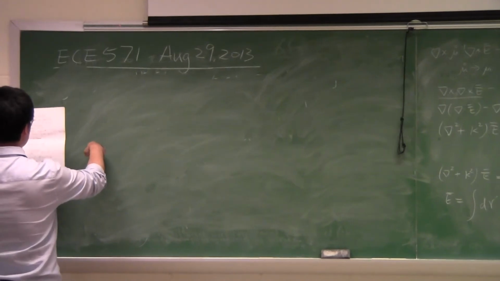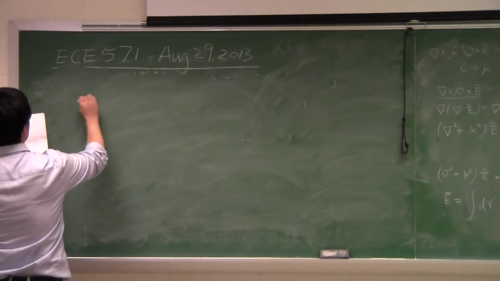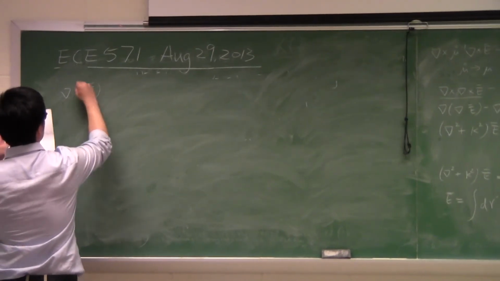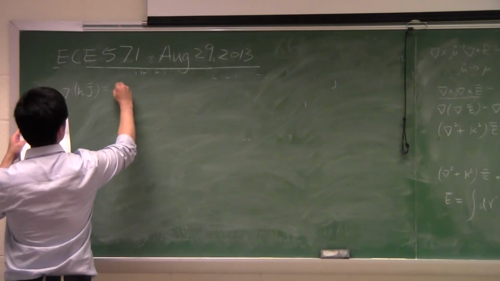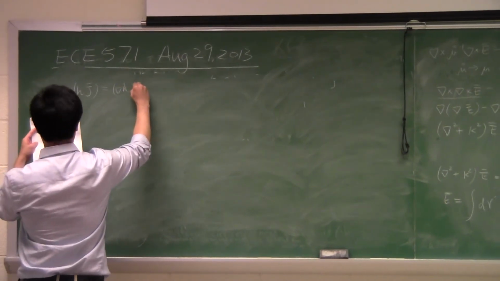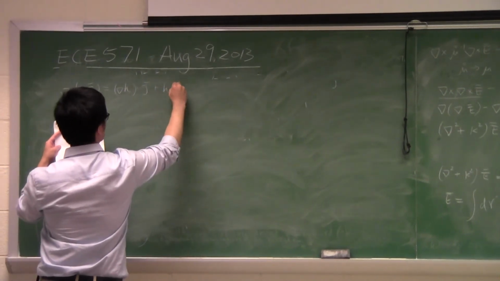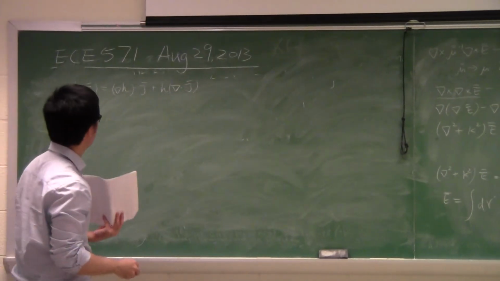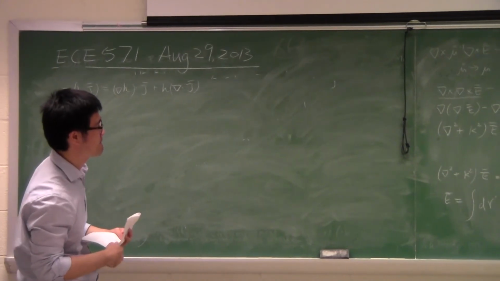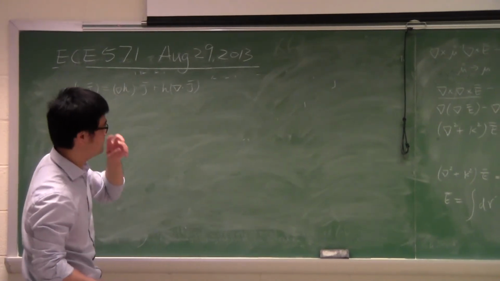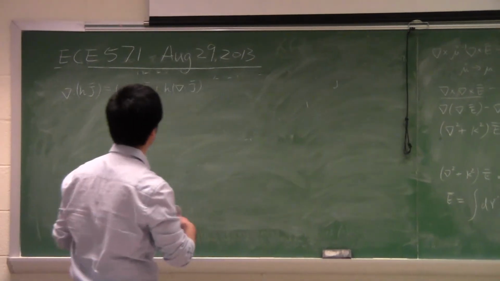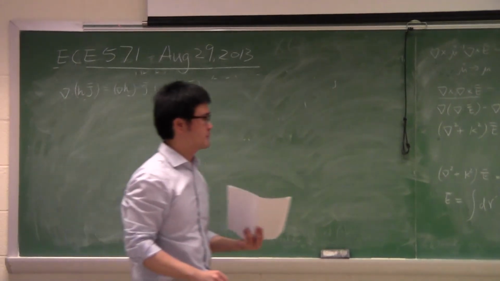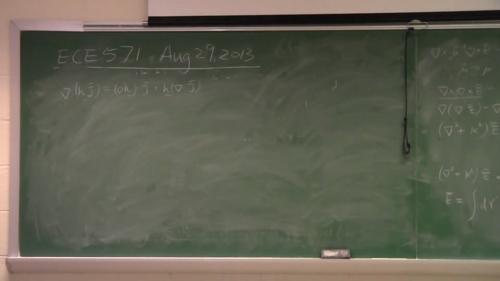So now I have to use another identity here. But if you're careful enough, you may find that here h is a scalar, right? But here I have a gradient of g, which is a vector.